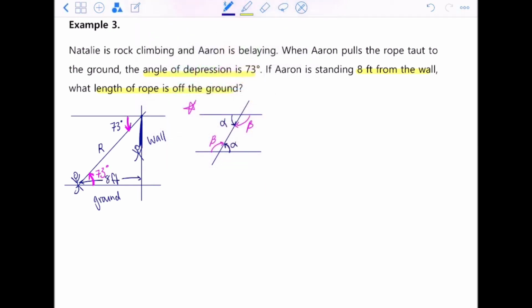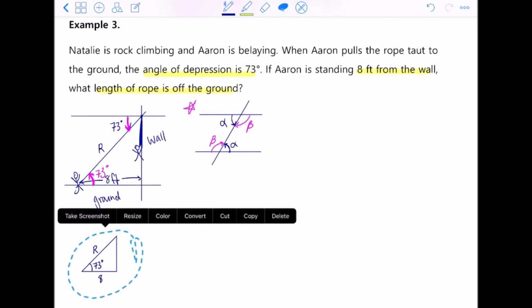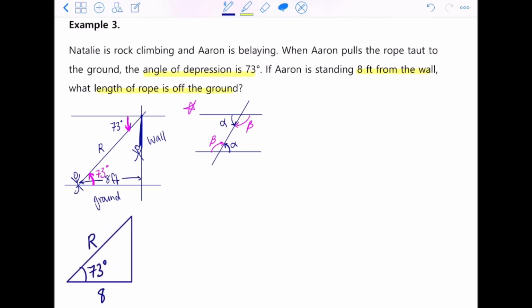So we have 73 degrees, and this is 8. We are looking for R.